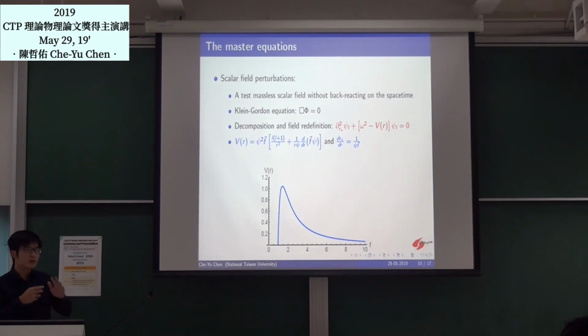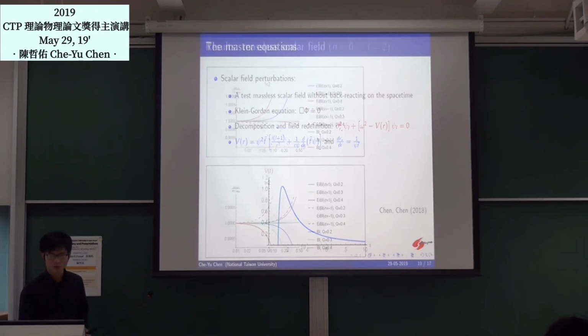After imposing some proper boundary conditions, we can solve for the eigenvalues of these equations, and they correspond to the quasi-normal modes. So you can imagine that the properties of the peak of the potential are very important. It carries almost all the information of these quasi-normal modes. So the peak is very important in calculating the frequency.